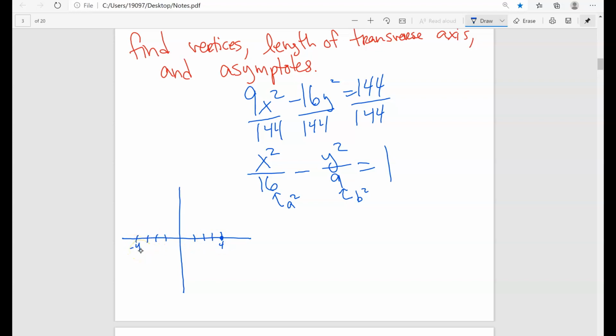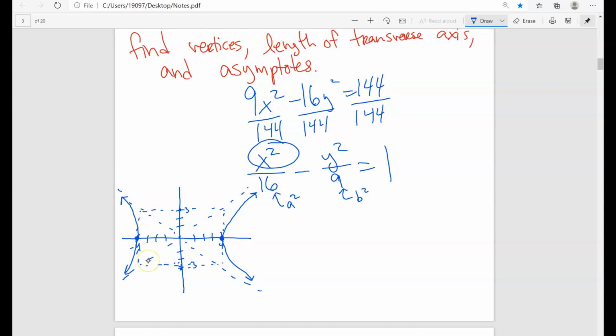And then in the y direction, it's going to be 3. 1, 2, 3. 1, 2, 3. So we're going to draw this box because it's a hyperbola. Now we're going to draw my asymptotes as well. And notice that since x was the one that's positive, that's the direction where my hyperbola is going to be.